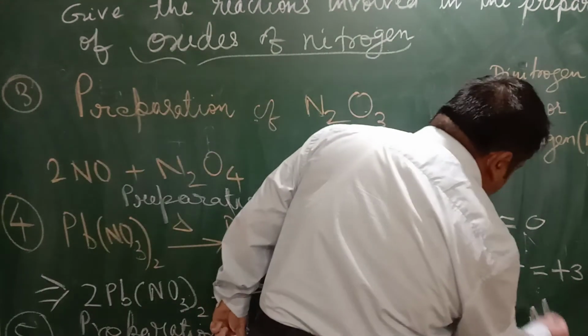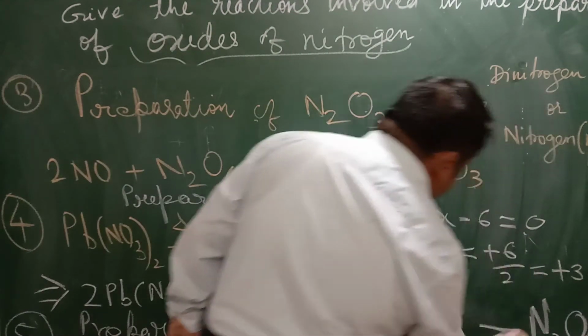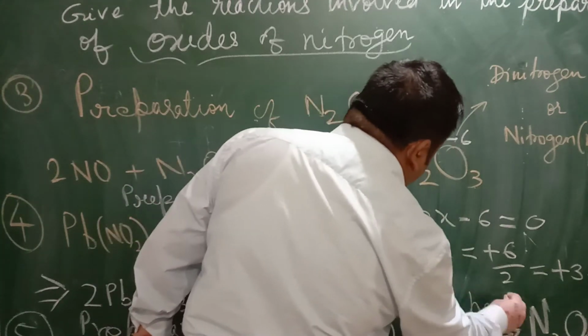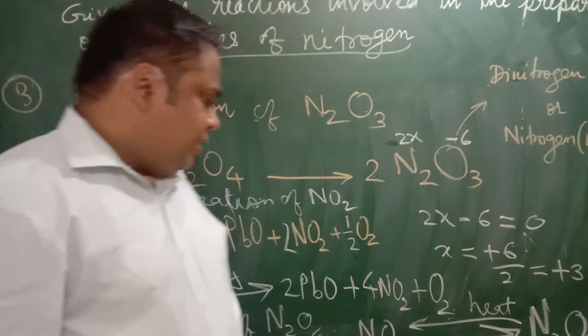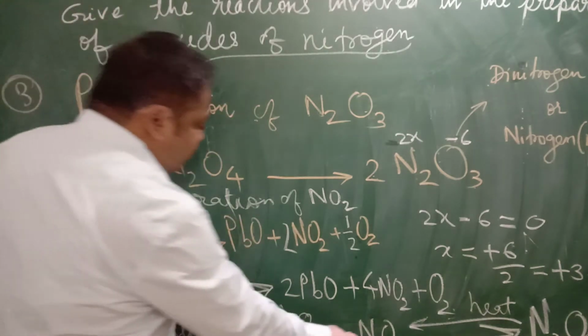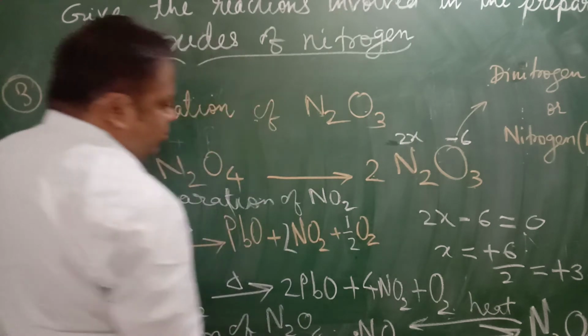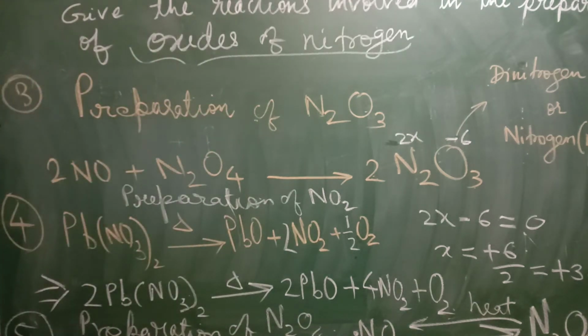It forms N2O4. It is a reversible reaction. Means if you heat, it will form NO2 here. Why does NO2 undergo dimerization? Because it is an odd electron molecule. This I had discussed in my previous module, the previous topic which I was discussing. In that I have taken this as a question.